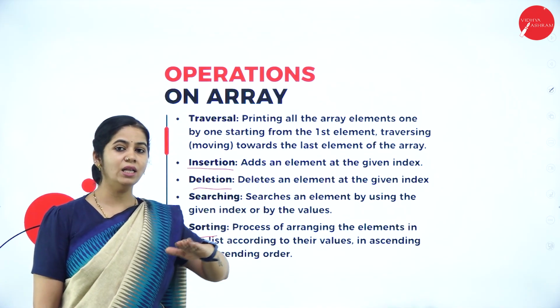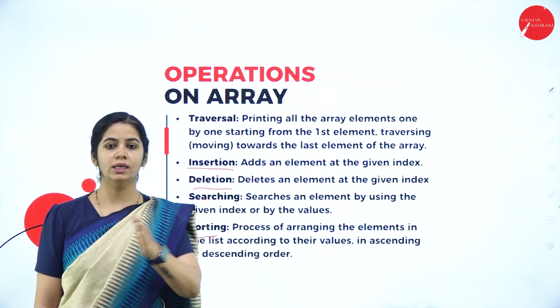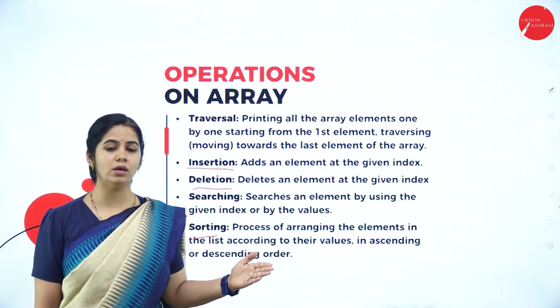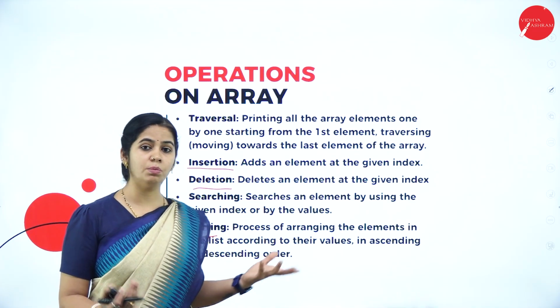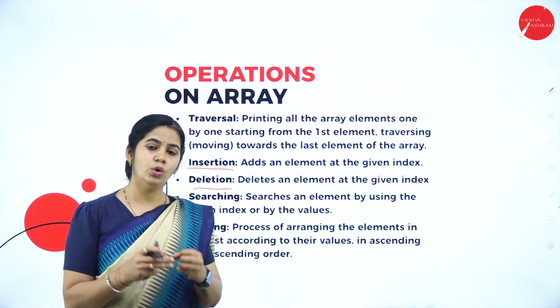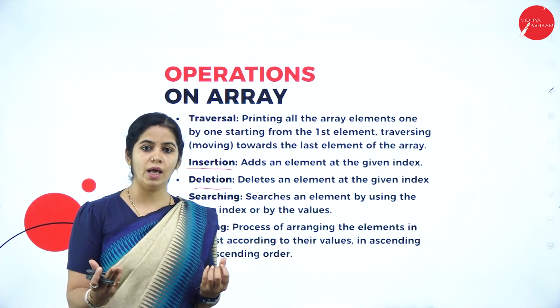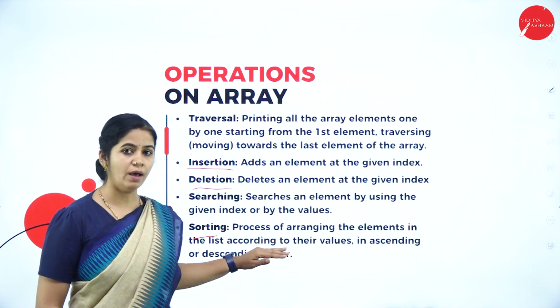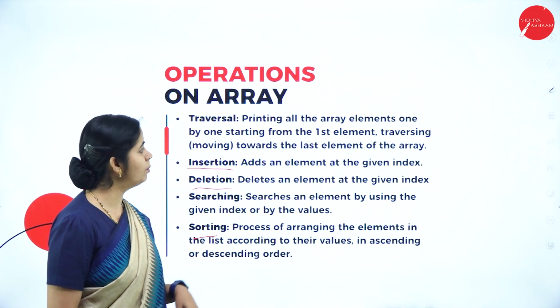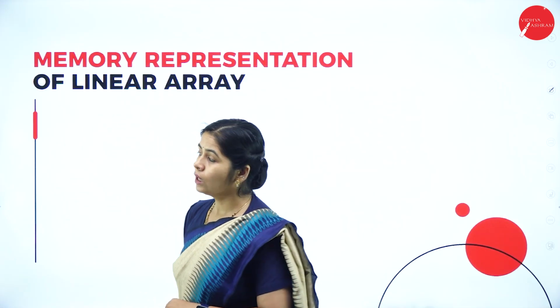Sorting is arranging the array elements in ascending or descending order so that the searching process will be easy. Merging means merging two sorted arrays together, like array 1 and array 2 will be sorted and then merged. These are some of the operations we have on arrays.